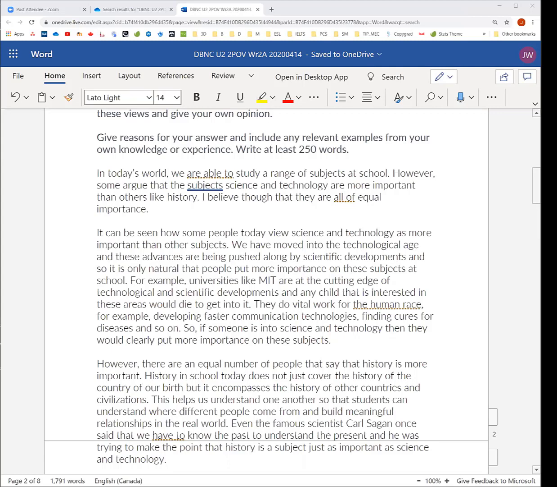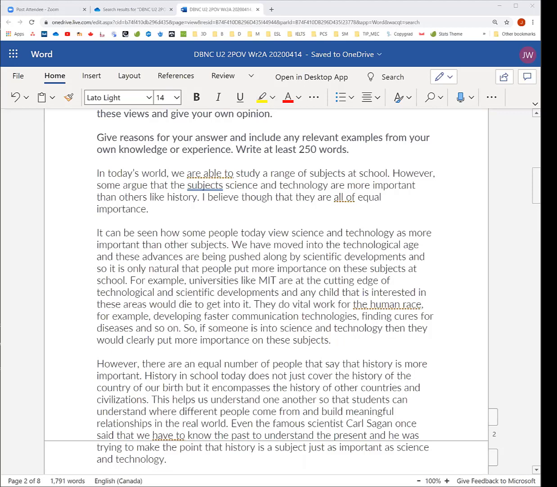For example, universities like MIT are at the cutting edge of technological and scientific developments. And any child that is interested in these areas would die to get into it. They do vital work for the human race.